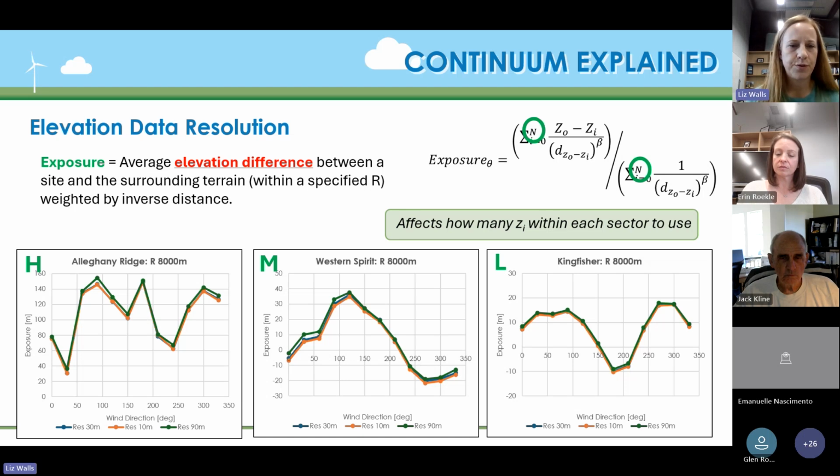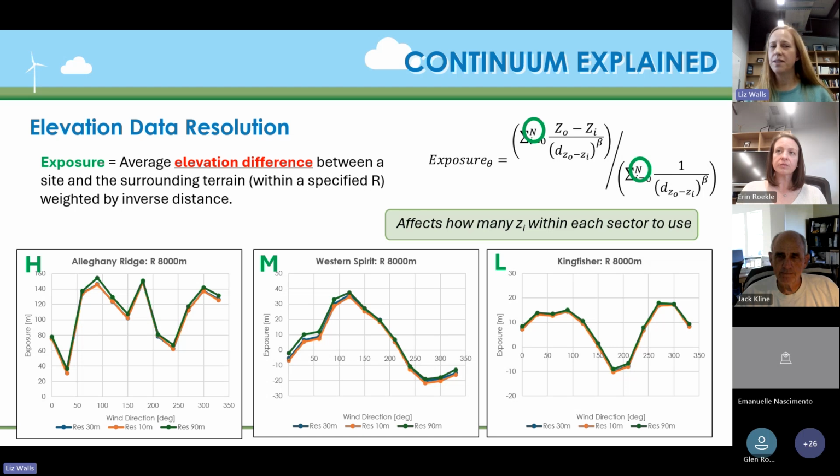These are the results from Western Spirit. The 10 and 30 meter exposure values are nearly identical. There's some deviation when using the 90 meter resolution data, but a pretty small difference overall. And when looking at Kingfisher, the low complexity site, there is essentially no difference when using 10, 30, or 90 meter.